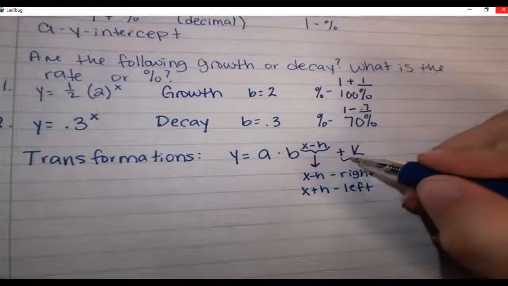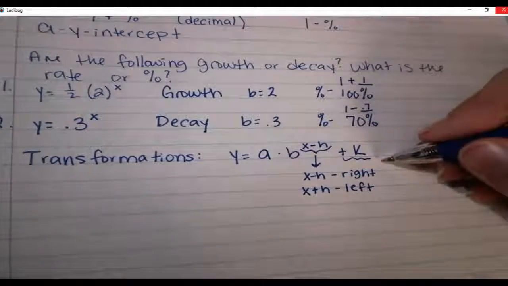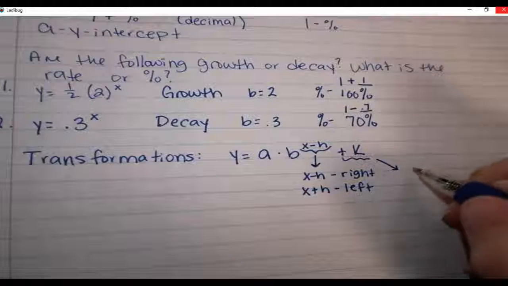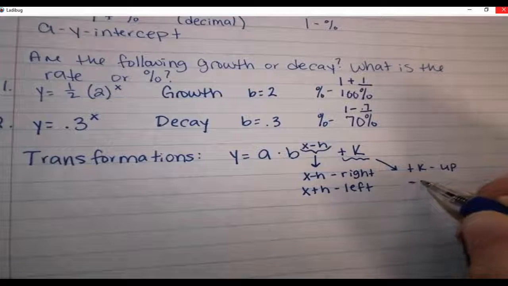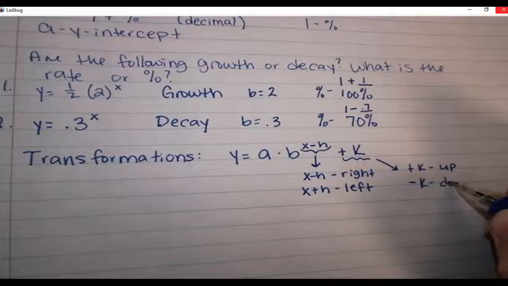And then the k tells you up or down. So if it's plus k, you're moving up. Minus k, you're moving down.